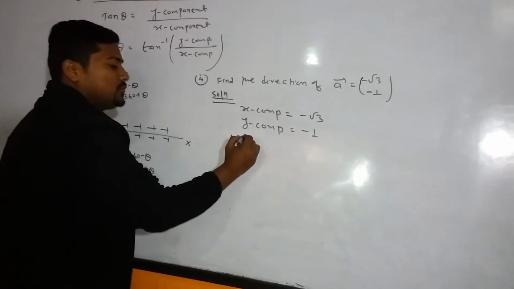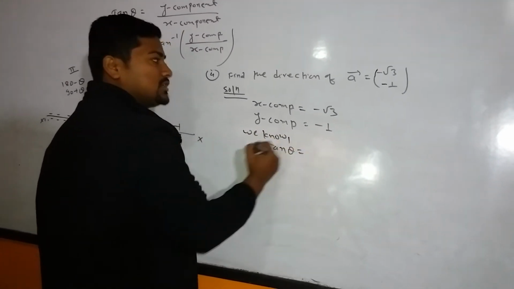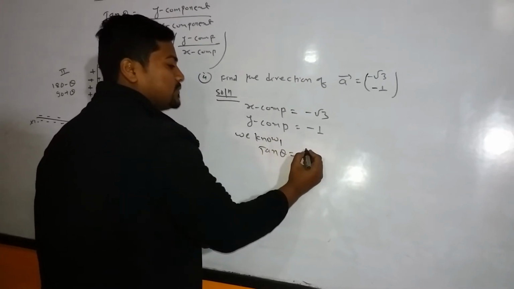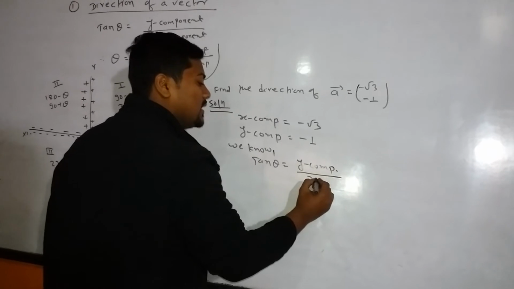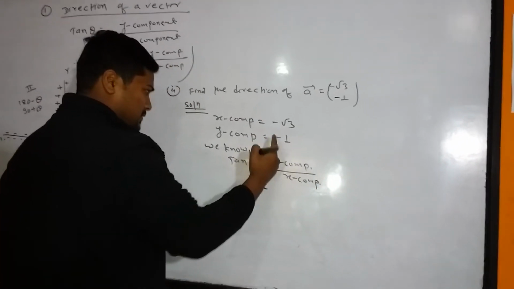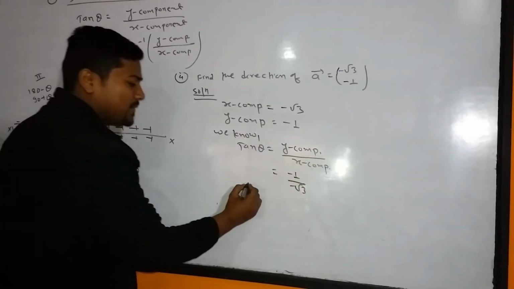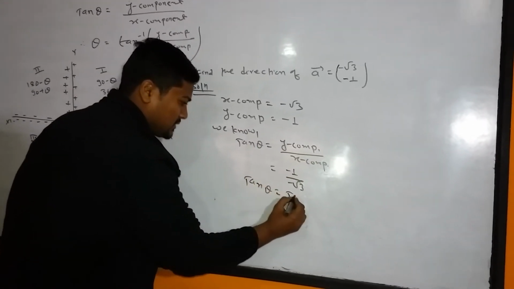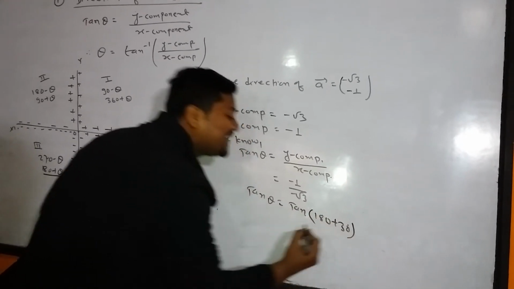Now we know the formula for the direction of A vector: tan theta is equal to y component upon x component. The y component is minus 1 and the x component is minus root 3, the minus cancels. So tan theta is equal to 1 by root 3, which means 30 degree. Tan of 180 plus 30 degree.